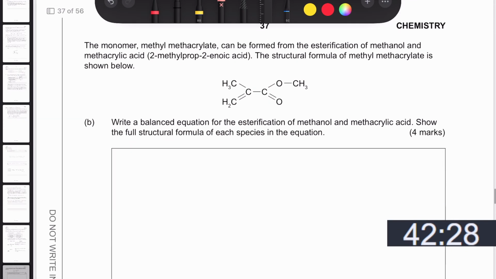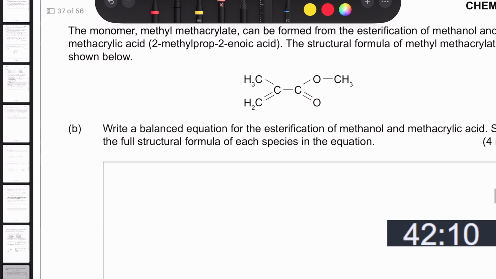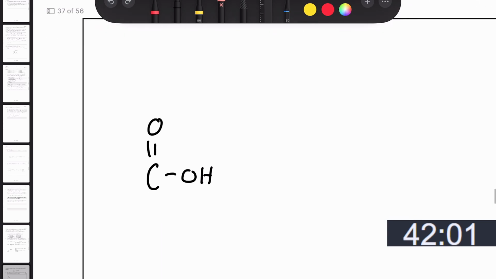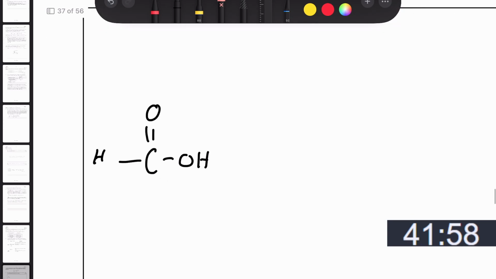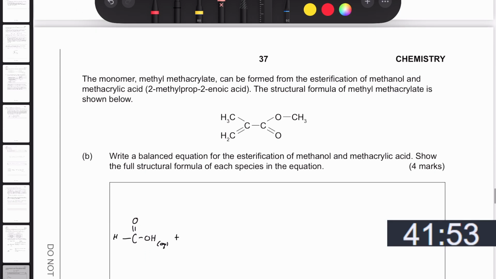Okay, the monomer methacrylate can be formed from the esterification of methanol and methacrylic acid. The structural formula of methacrylate is shown below. For the esterification of methanol and methacrylic acid, show the full structural formula of each species in the equation. So let's see, methanol is just going to be CH3OH, plus 2-methylpropenoic acid.